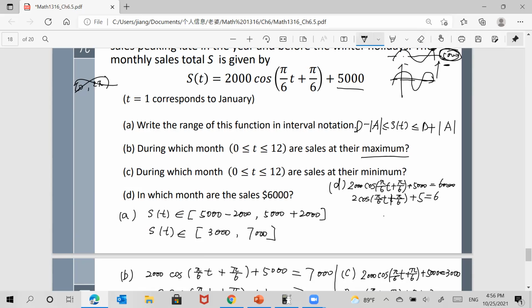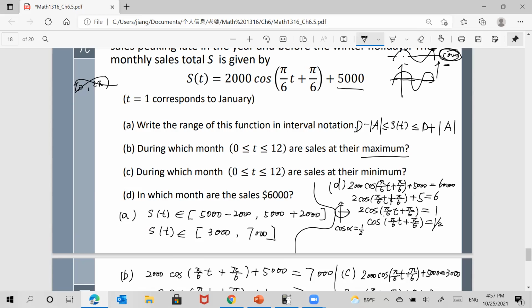So minus 5 on both sides. So 2 times cosine pi over 6t plus pi over 6 equals 6 minus 5, which is 1. So cosine pi over 6t plus pi over 6 equals 1/2. So let this one equal alpha. So cosine alpha equals 1/2.